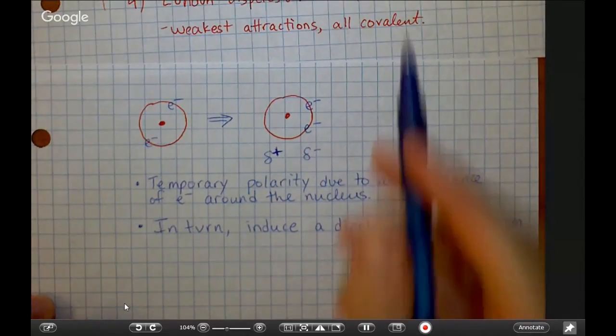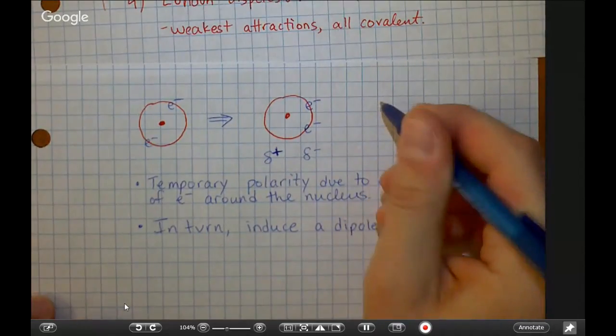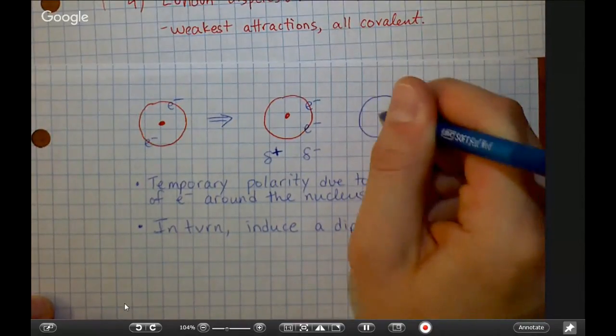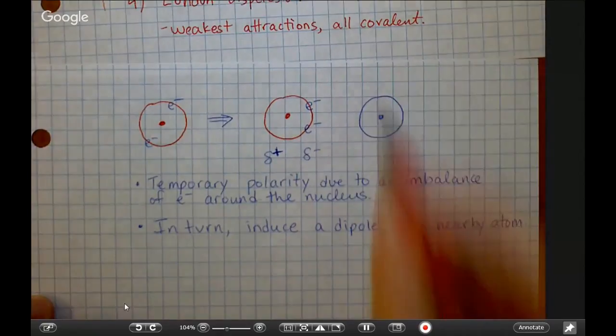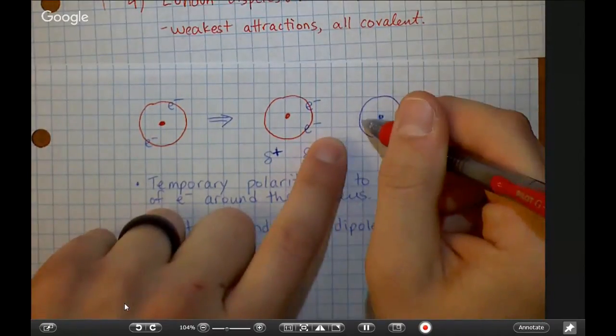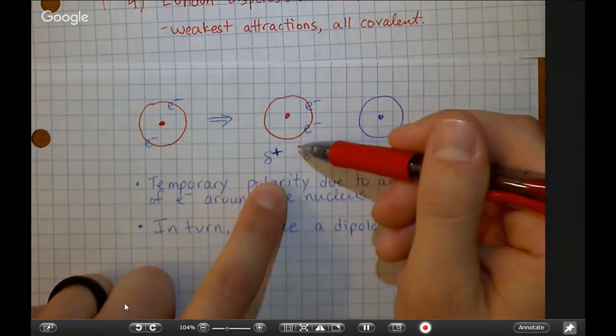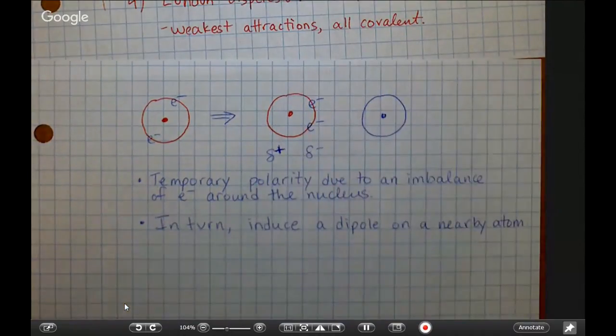So what that would look like is if I put another atom up here that may have had one electron on the left side and one on the right. Now that we have this dipole going on here, that's going to push the electron on a nearby atom to the other side.